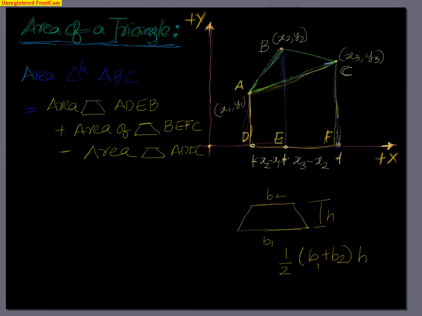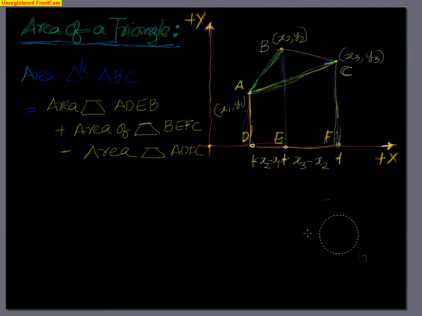Okay. I'm going to take this part off, because we have already gone through that. Now let us see how this is going to become. Area of triangle ADEB. Now see this very carefully.